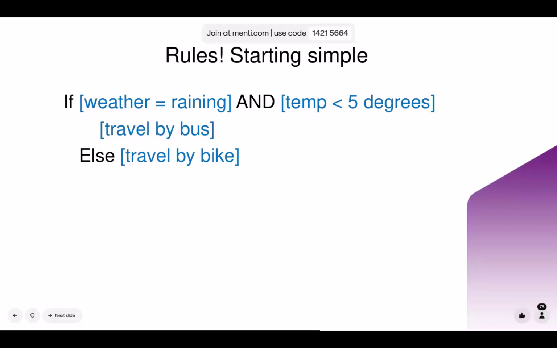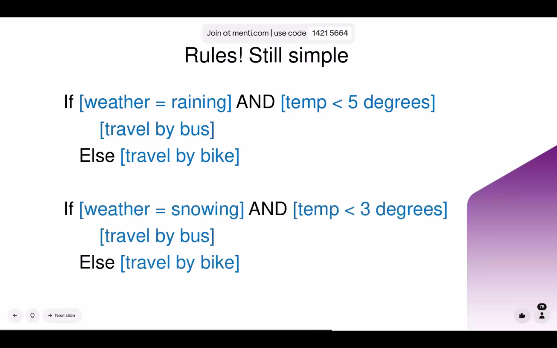But you can also have it so that every agent has a slightly different rule as well as a slightly different wake-up time. So let's say some of them say if it's raining and colder than 5 degrees, I take the bus, otherwise the bike. Whereas really hardcore fitness agents say, I will only take the bus if it is snowing and colder than 3 degrees.